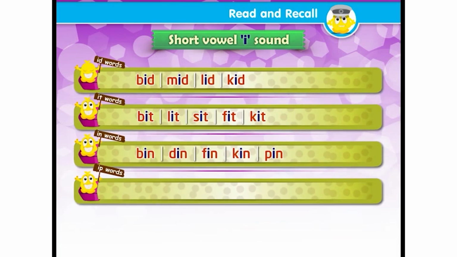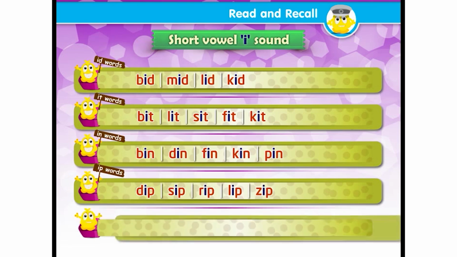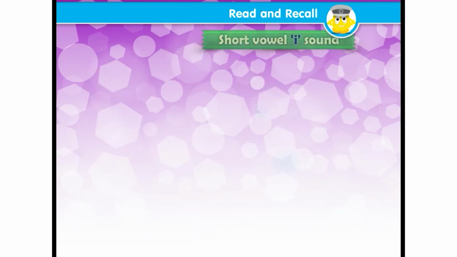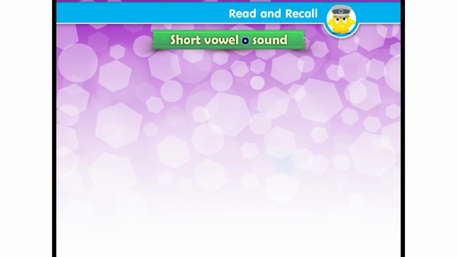Ip words: dip, sip, rip, lip, zip. Ix words: pix, six, mix. Now let's recall words with short vowel O sound.